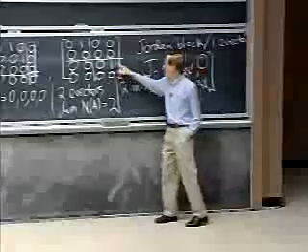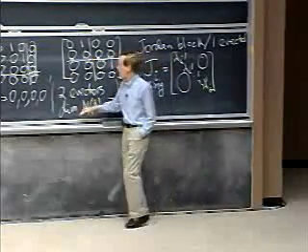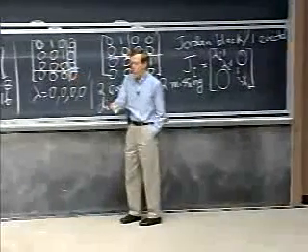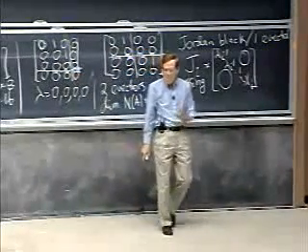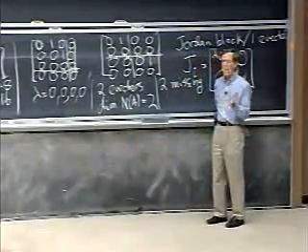This one has 1 eigenvector, this block has 1 eigenvector, and we get 2. This block has 1 eigenvector, and that block has 1 eigenvector, and we get 2. But the blocks are different sizes.